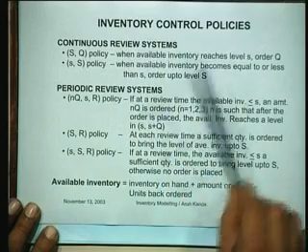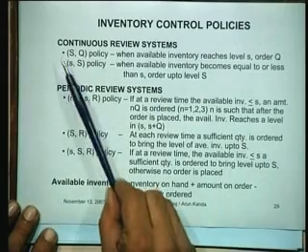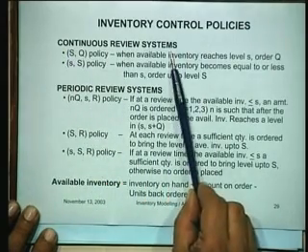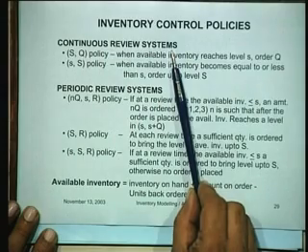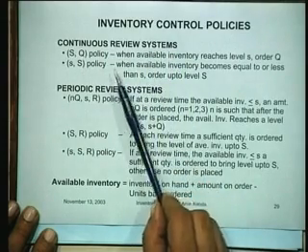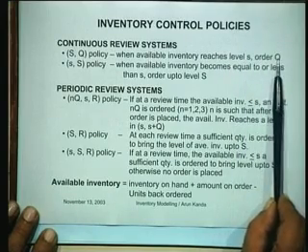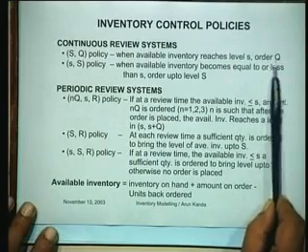Now, let's quickly look at some of these inventory control policies. As I indicated, one kind of policy is a continuous review system where you are constantly monitoring the stock, and whenever the inventory reaches a certain level S, you place an order Q, and Q is a fixed quantity.